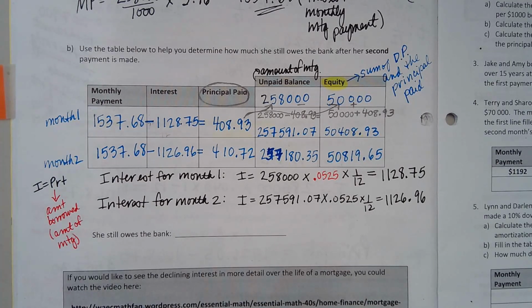And this is her equity. What are these two numbers going to be at the very end? How much will she owe the bank still when she makes her last payment? Nothing, right? Now, how much of her house will she have paid off? All of it.